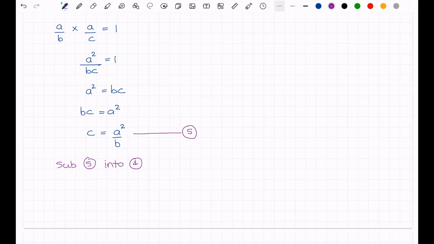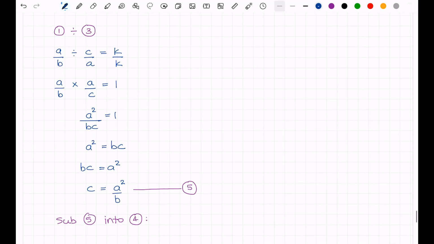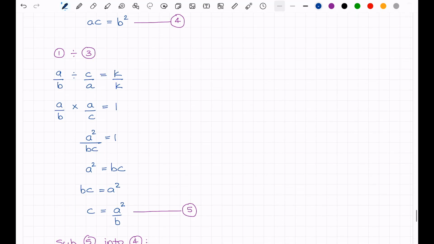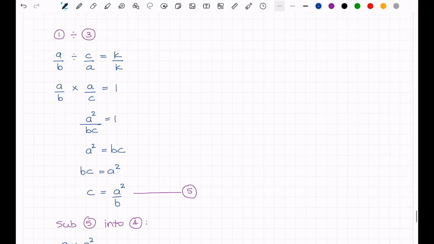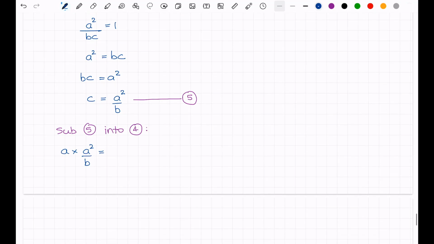So what that means is if I go to equation 4, wherever I see the letter c, I will instead write a squared on b. So that will become a times c would become a times a squared on b. And that will be equal to the right-hand side of equation 4, which was b squared.